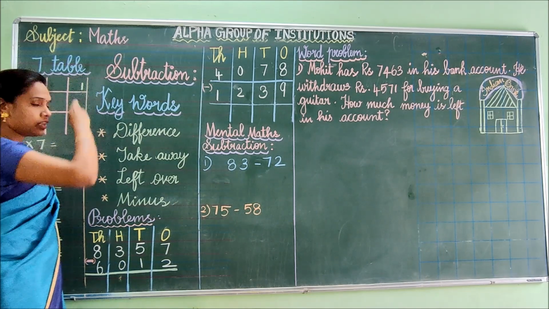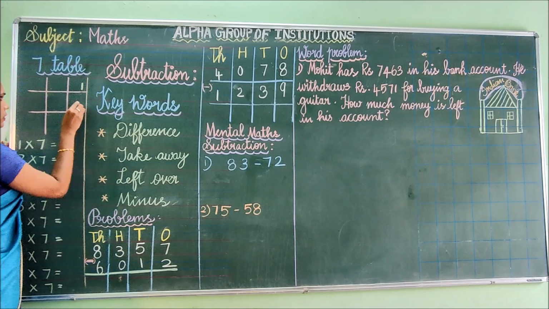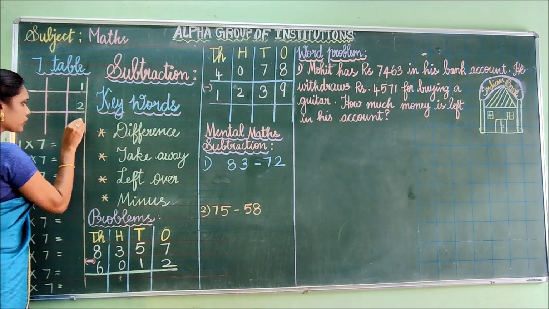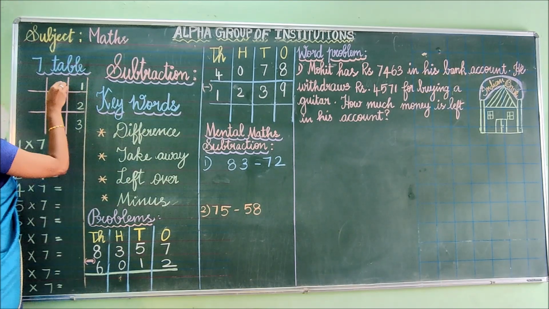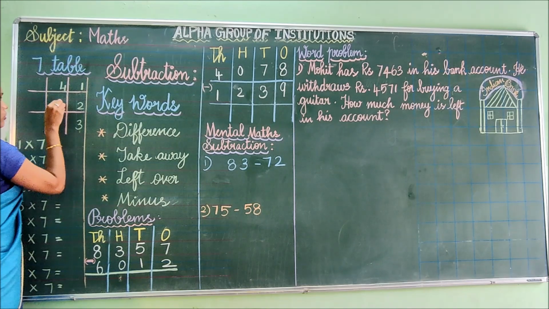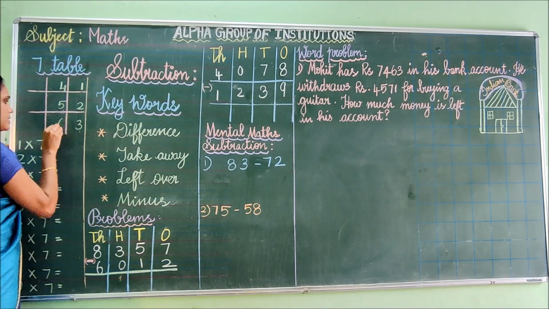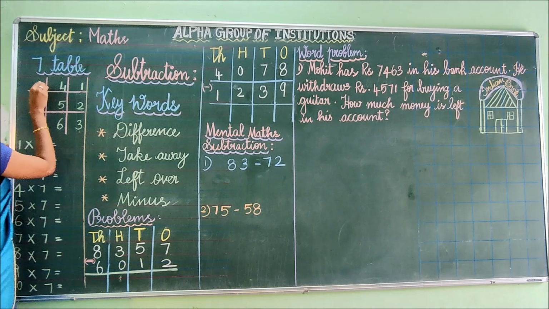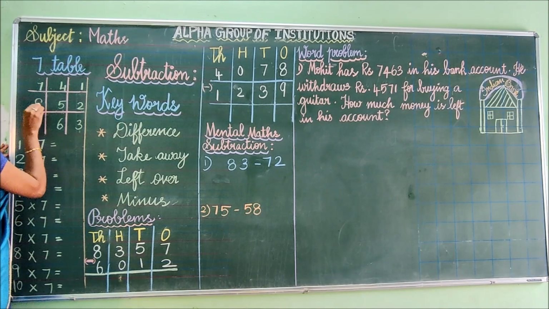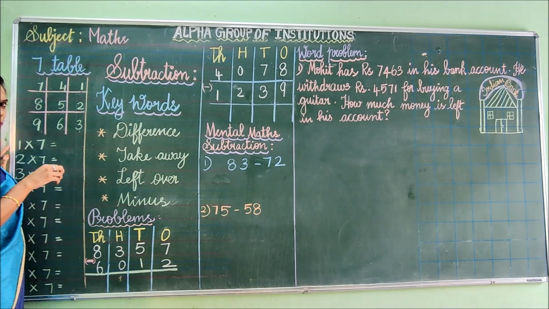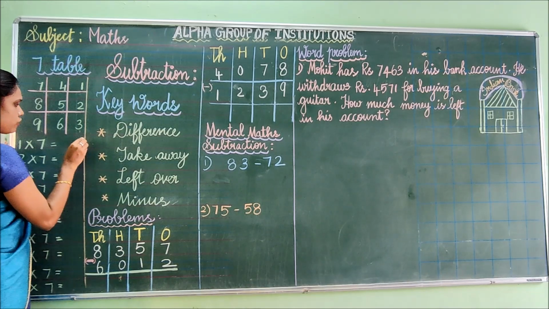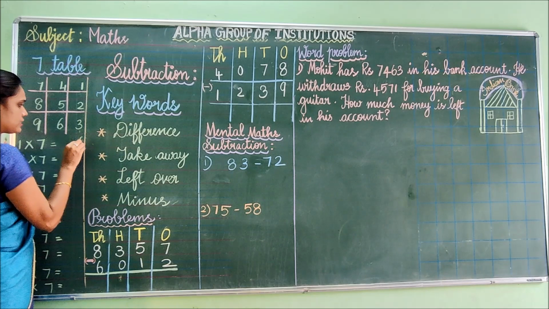From upwards. See, 1, 2, 3. Next, 4, 5, 6. Next, 7, 8, 9. After 9 what number should come? 10. Instead of 10 I have written here 0.